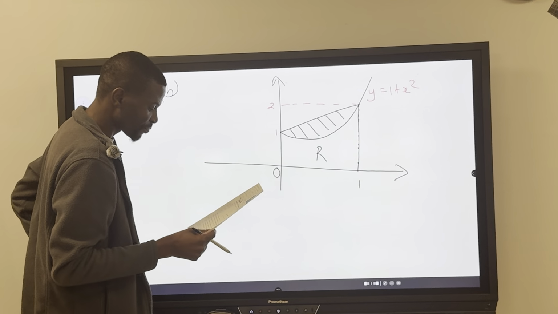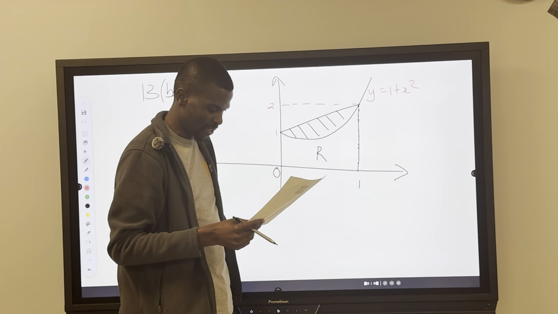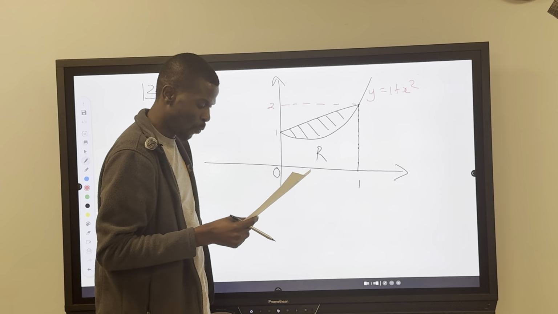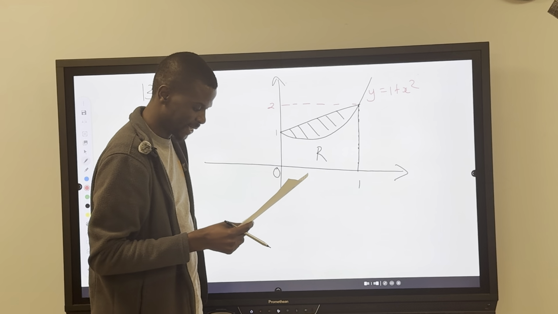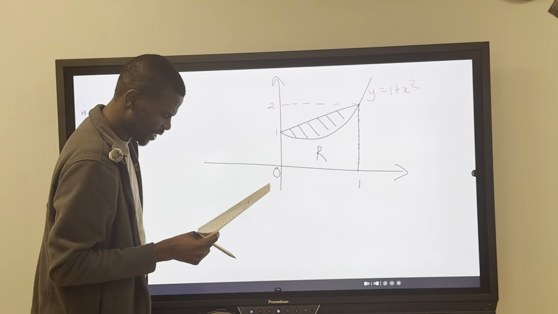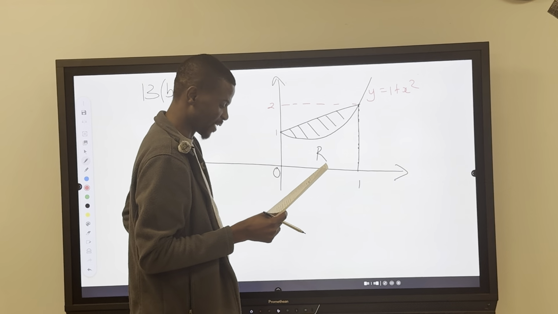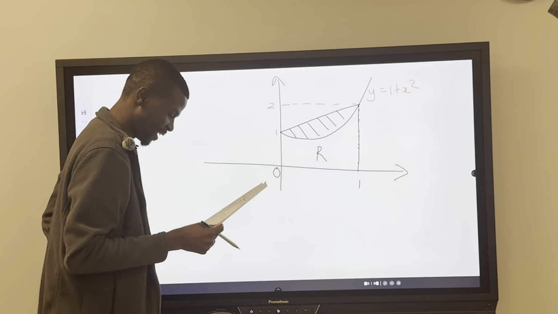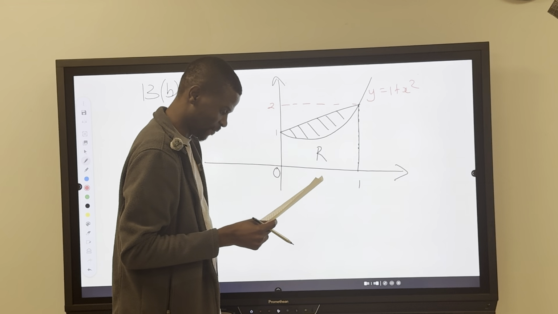All right, so the question reads, the diagram shows part of the curve y equal to 1 plus x squared. The region R is bounded by the curve, the axis, and the line x equal to 1.